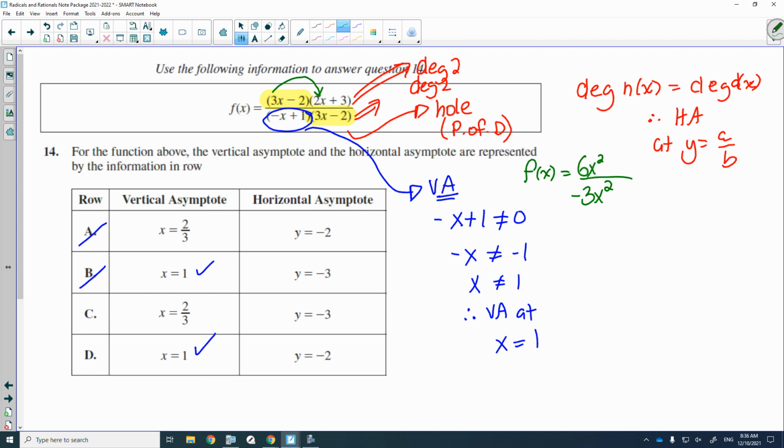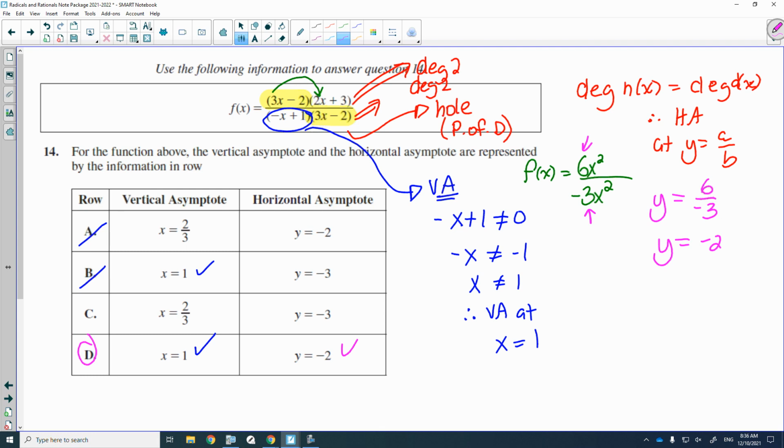So now you should know what your leading coefficients are. So there's going to be a horizontal asymptote at 6 over negative 3, which is y is equal to negative 2. So that leaves D as our solution.